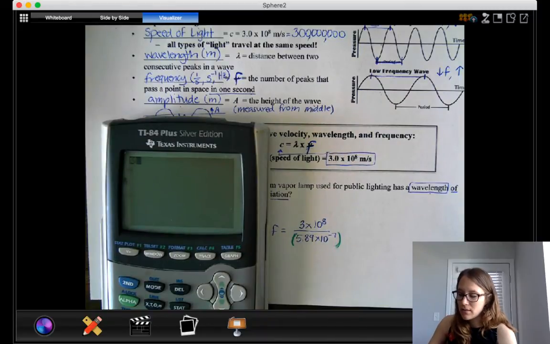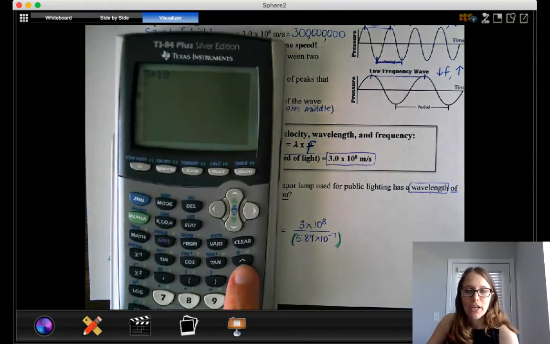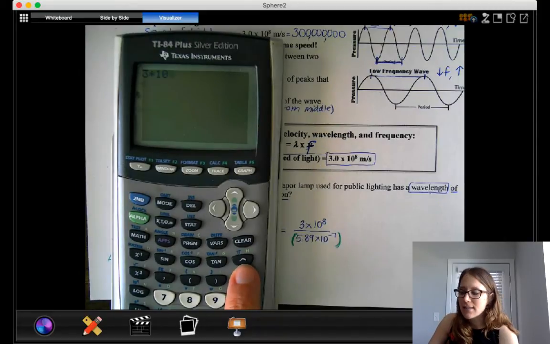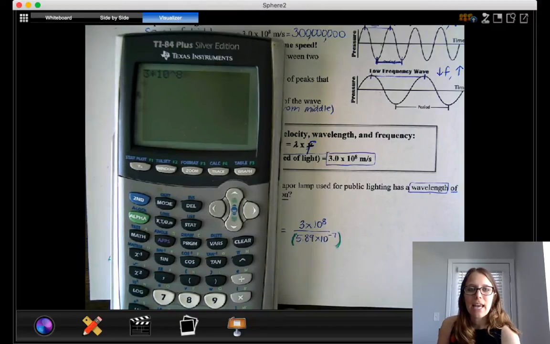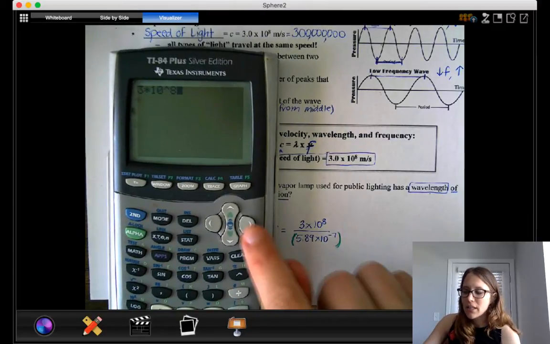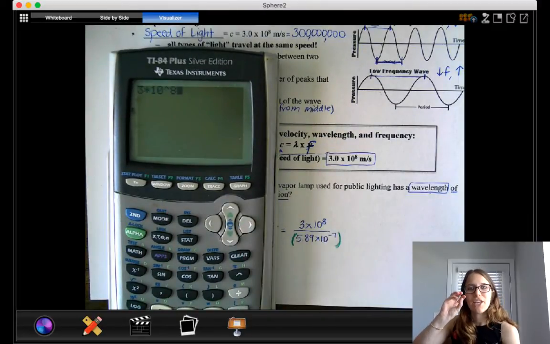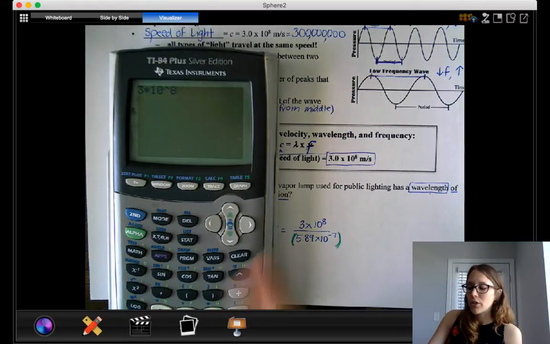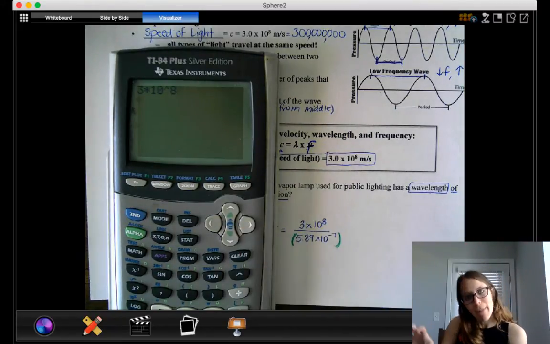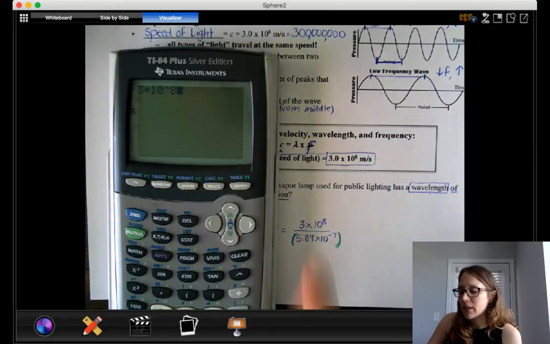So 3 times 10. In order to do an exponent, your calculator should have a button that looks like this, a little caret button. You can type that in, so 3 times 10 to the 8th. Sometimes your calculator, if it actually shows that your exponent is tiny in the top corner, you'd need to click this right arrow to drop back down again, depending on your calculator.